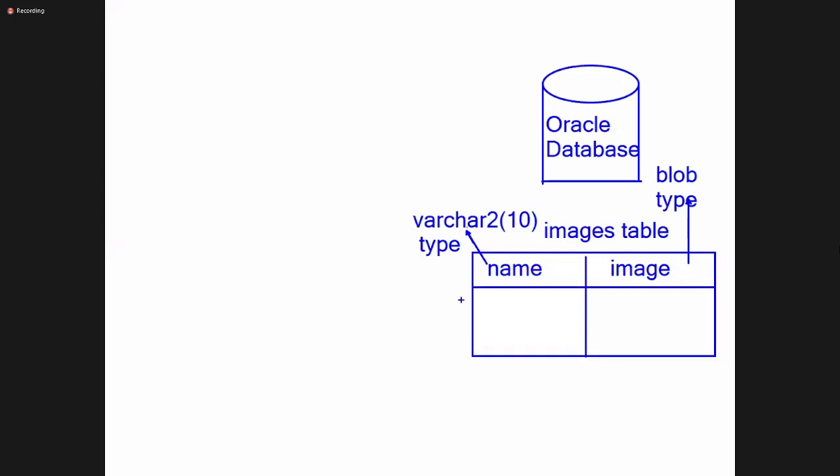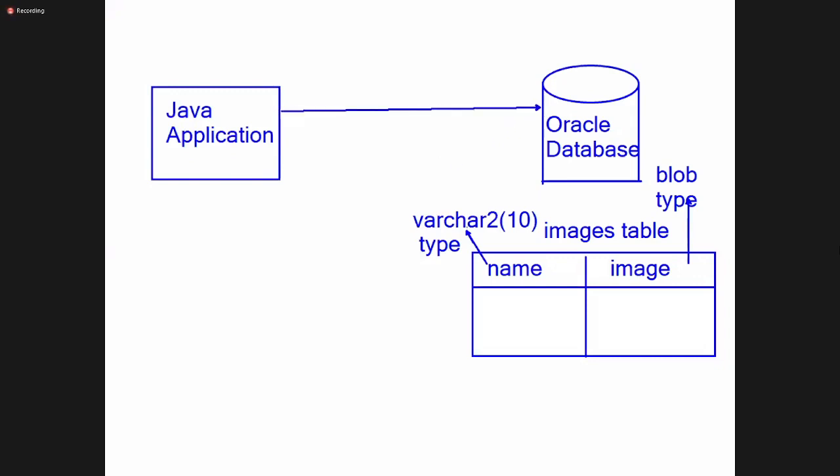See, this is on the database. Here varchar2(10) type, and this is blob type. Now, it is one Java application. From this Java application, I'll pass a SQL request, and a SQL response comes.